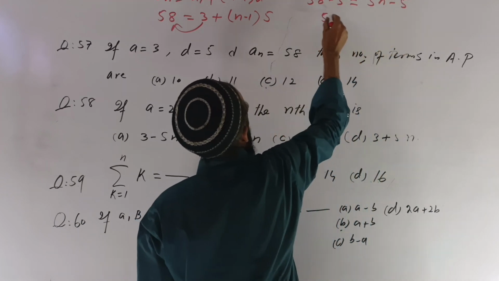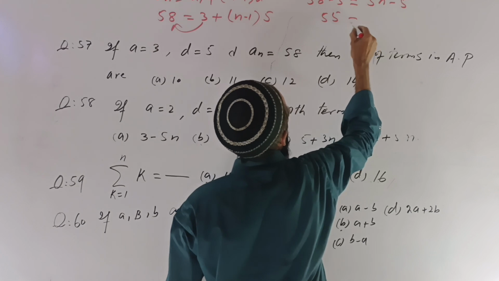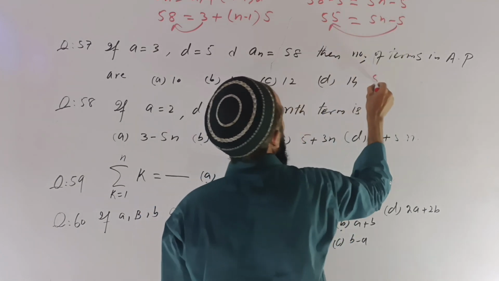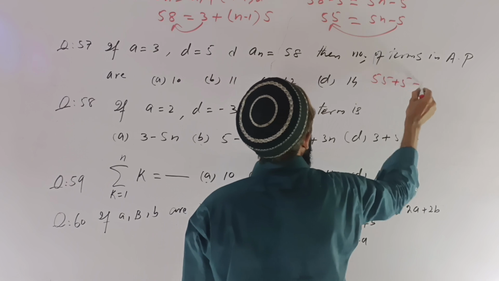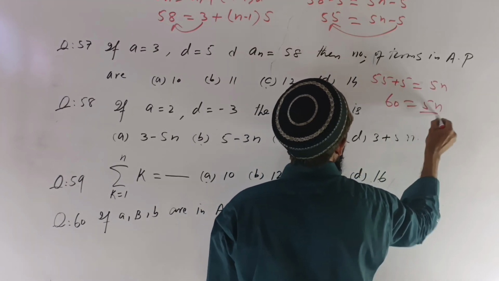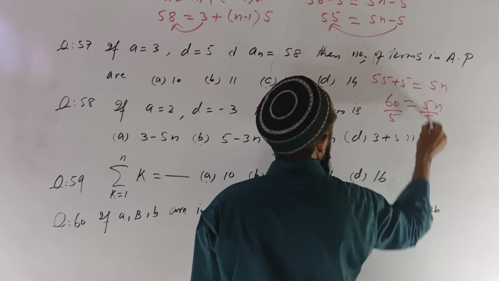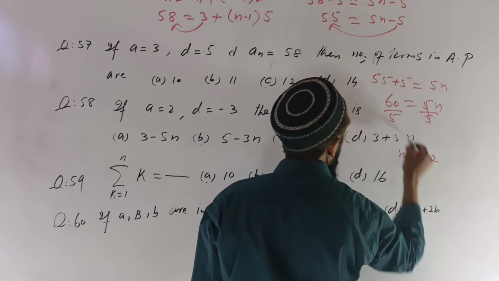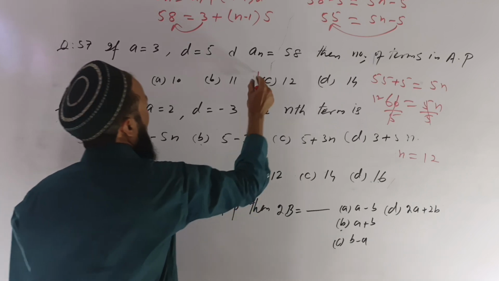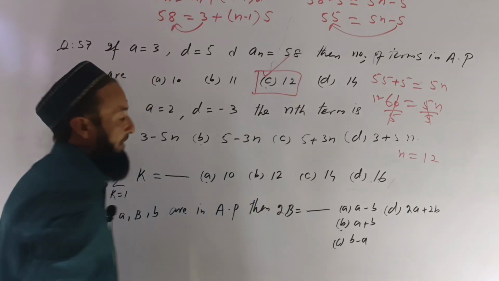That is 55 equals 5n minus 5, so 55 plus 5 is 60, equal to 5n. Dividing by 5, we get n is equal to 12. C is the correct option in this case.